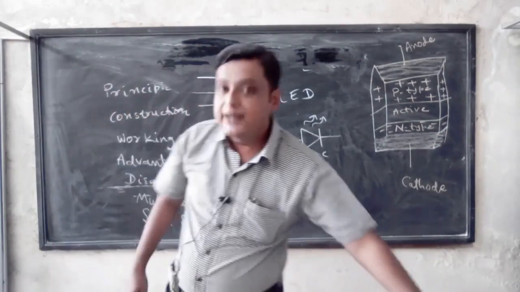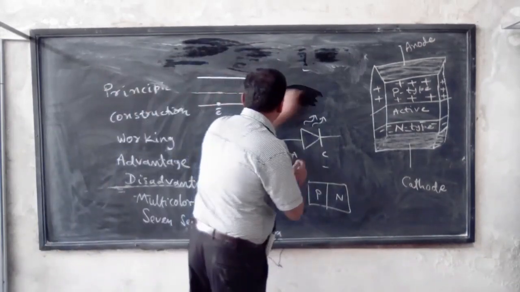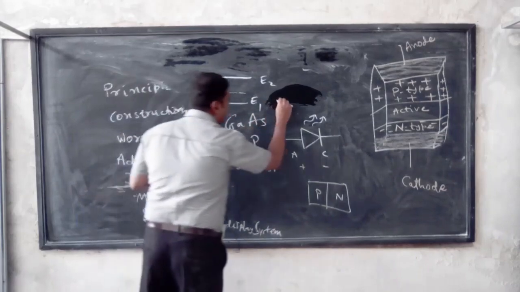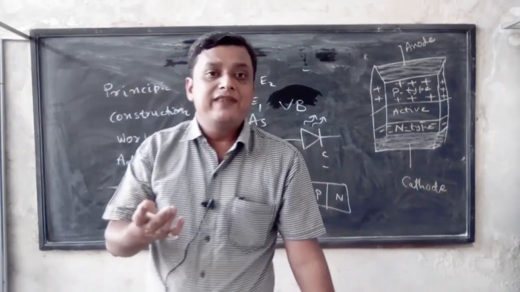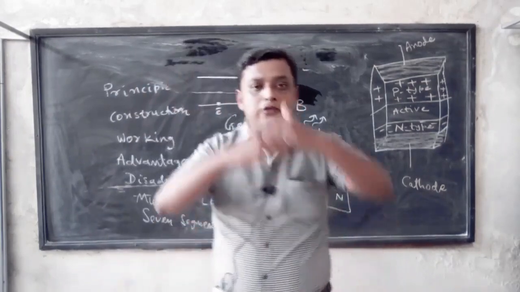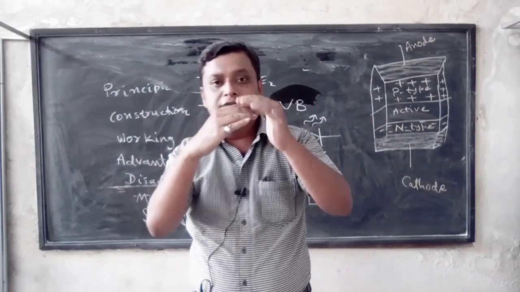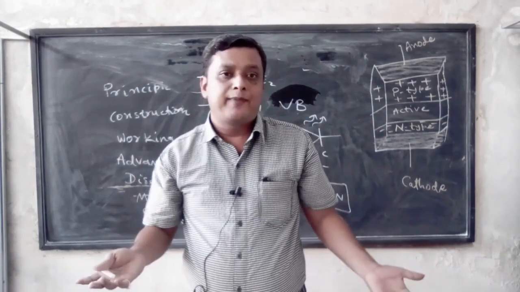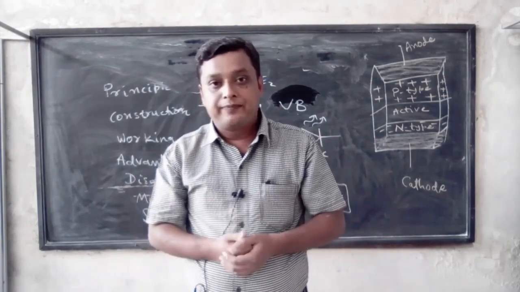Actually, the lower energy level is known as the valence band. What is the difference between band and energy level? If I have lots of energy levels which are nearer, closer to each other, that will be represented by an energy band.